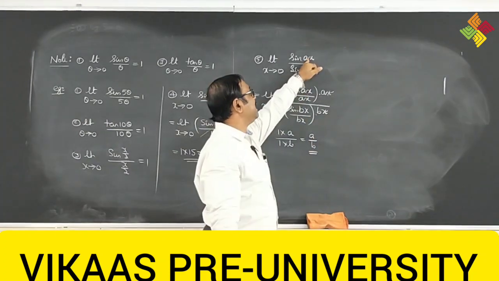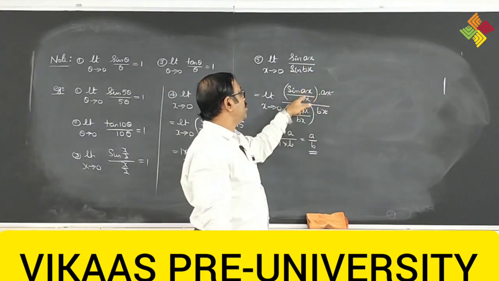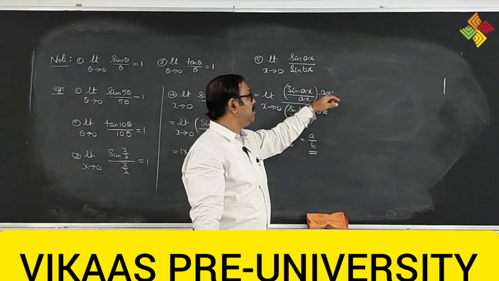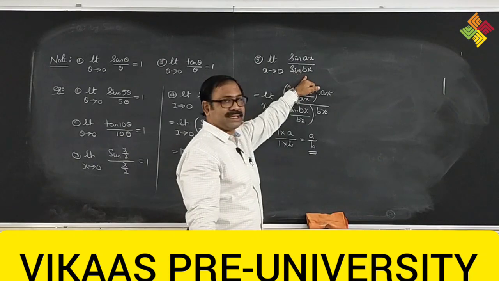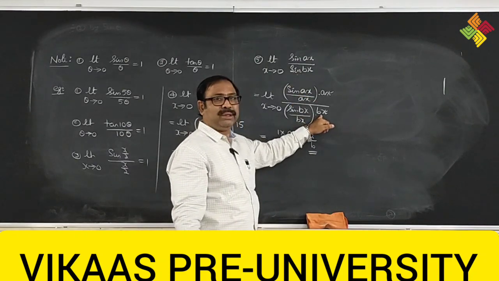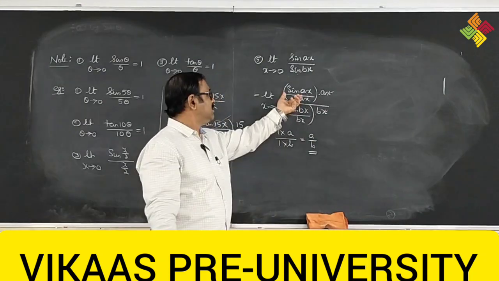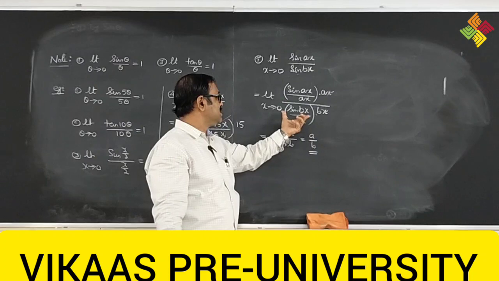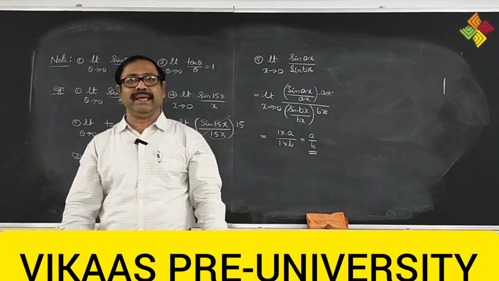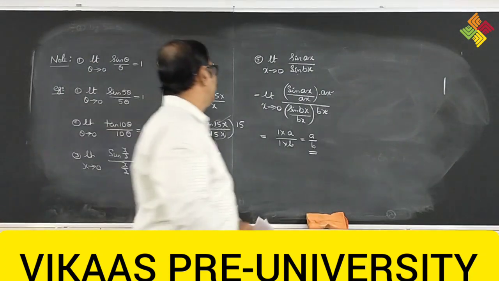You divide by ax, then multiply by ax. Similarly, sin bx by bx into bx. X cancels. Now apply the limit. This is 1 into a divided by 1 into b. Finally, the answer is a by b. Followed?